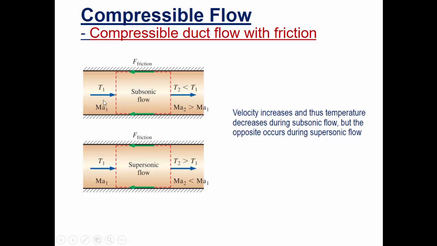You can see that before and after, we will have the decrease of temperature but increase of Mach number. But for supersonic flow, we can see that there is a decrease of temperature but increase in the Mach number.